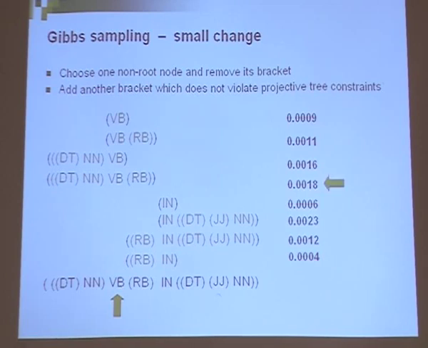We choose this one, which is not the highest, but it's quite probable. So the new brackets will be, in this example, the same brackets as we removed, but it's okay. We can choose any bracket we want. So this is the small change.